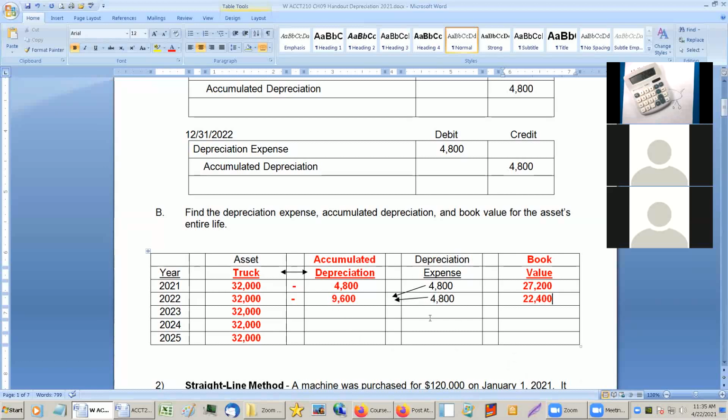So another 4,800 in year 3. If you want, you can just take the 9,600 plus this, and it will give you that too. But it's basically all 3 years of depreciation.